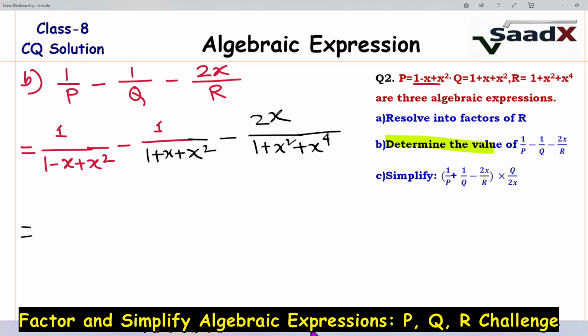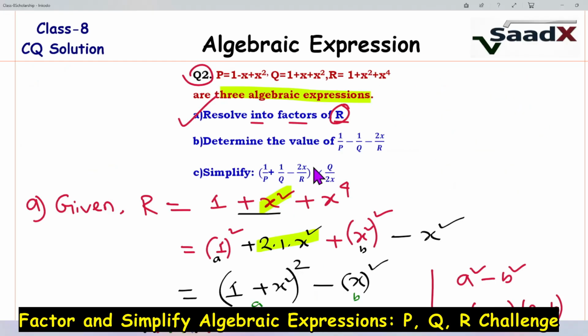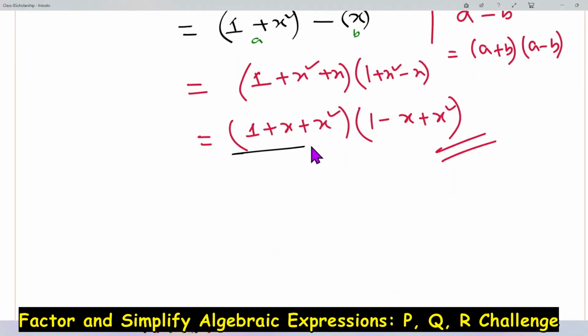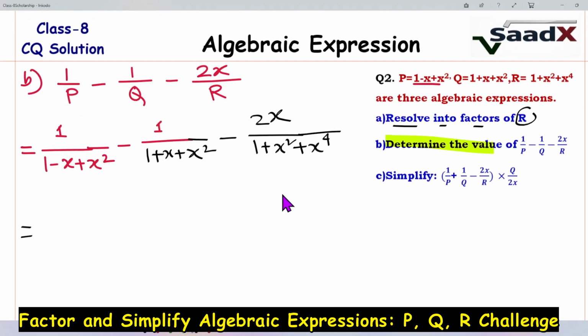Please note that we already resolved into factors of R in question A, which is 1 plus x square and 1 minus x plus x square. Which one can we use here? How?